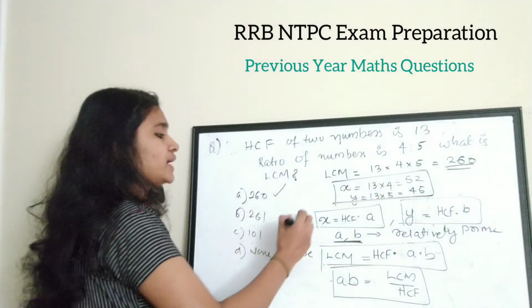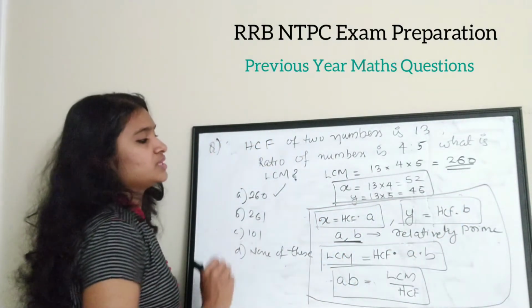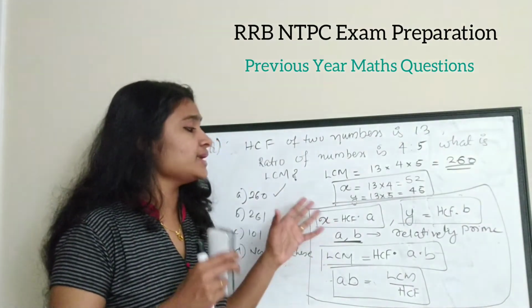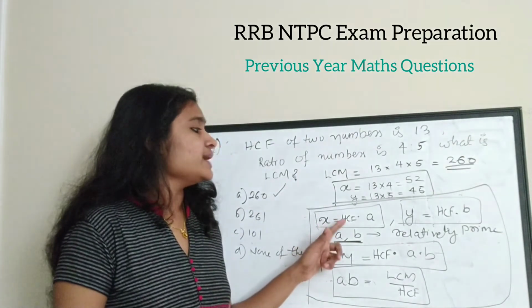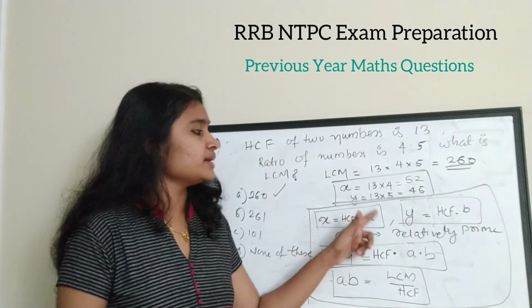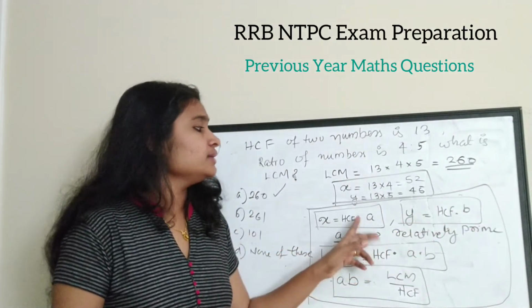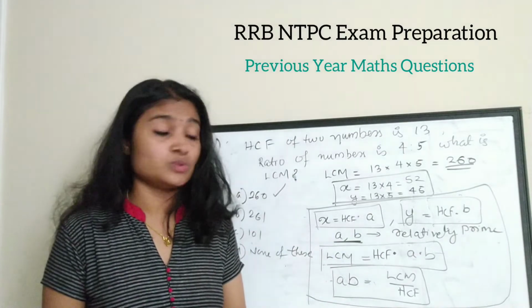Now, for answering such type of questions, you need to keep this much in mind. So, if two numbers are given and their LCM and HCF is given, you can write the first number x as HCF into some number and y as HCF into some other number, and this first number and second number, that is A and B, will be relatively prime to each other.